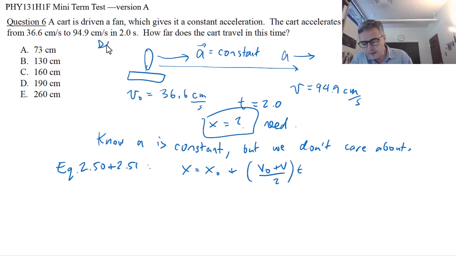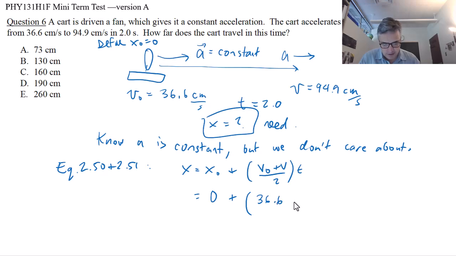We'll define x0 equals 0. So x is equal to, that's what we're trying to find here, 0 plus, am I worried about centimeters? These are all in centimeters, so I'm just going to not convert to SI units because the seconds will cancel the seconds. We've got 36.6 plus 94.9, remember those are centimeters per second, divided by 2 times the time, which is 2 seconds.